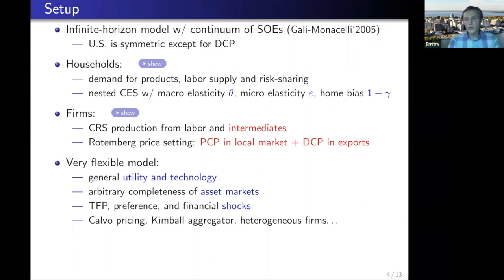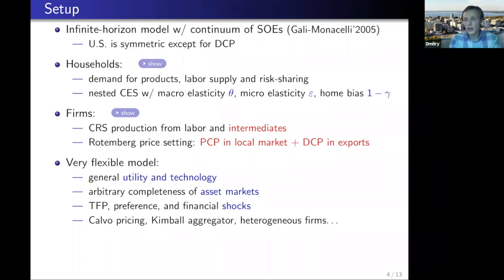As I said, we use Rotemberg pricing as a benchmark, but nothing precludes us from using Calvo friction, or even a menu cost model. It doesn't really matter where these nominal rigidities are coming from. We can also use a Kimball aggregator instead of CES demand, and we can allow for heterogeneous firms, so domestic firms and exporters can have different productivity shocks. So this is the model that we use.